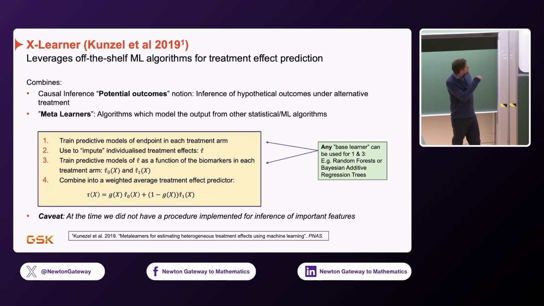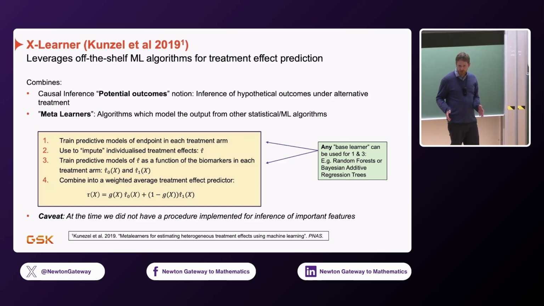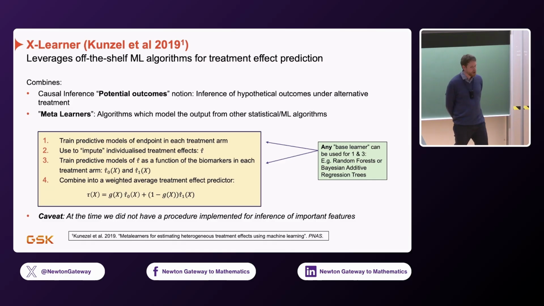For that step one, it's important to note that's a standard predictive modeling task in each treatment arm, so you can use any off-the-shelf machine learning or statistical learning or AI algorithm. You then, in the second step, use those models for each patient to impute their potential outcome, which is the outcome we would have observed under the treatment they weren't given, the alternative treatment.